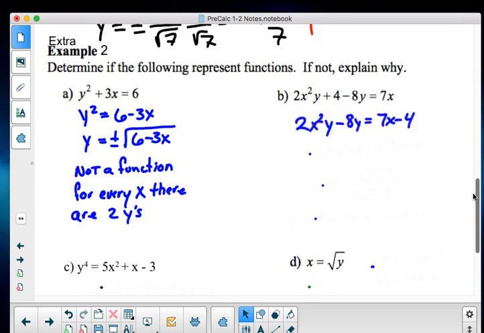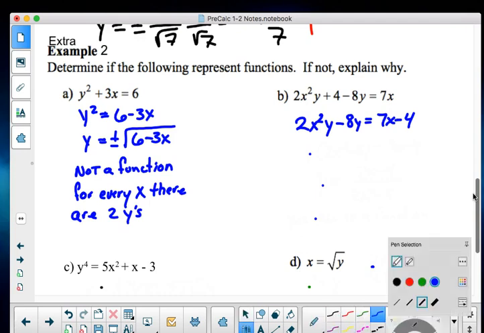I'm doing this completely and totally, factor out a y. So when I do that, 2x squared minus 8 is equal to 7x minus 4. After I factor the y out, I now can divide by 2x squared minus 8 on both sides.